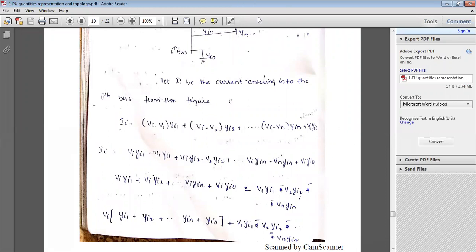You just note down these two equations only. Later we will discuss in detail, right? The first equation and the second equation come only from the first one. We have just separated all the terms: Vi multiplied by Yi1, similarly minus V1 into Yi1, etc. All the terms get separated, and later you will take Vi common from all the terms. That is different; we will do it in the next class. You first just note down the first two equations. Okay.